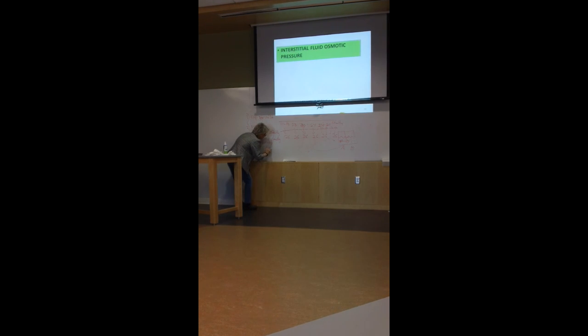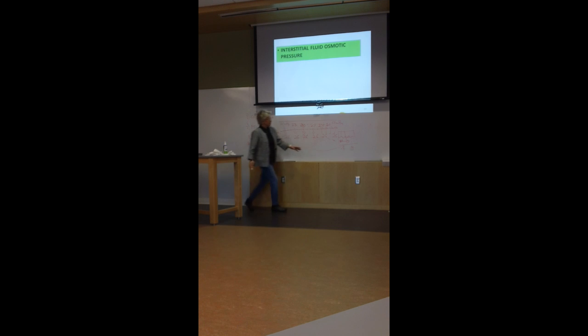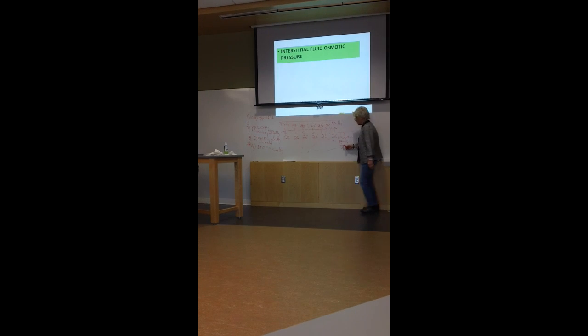Interstitial fluid osmotic pressure should normally only be about 0. Osmotic pressure: which side over here, A or B, has a higher osmotic pressure?